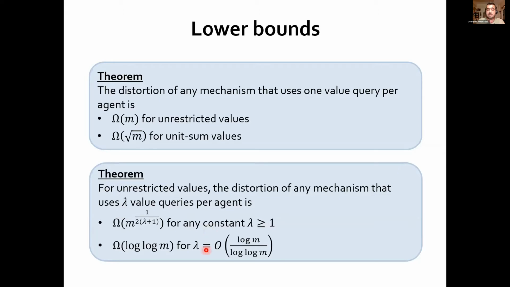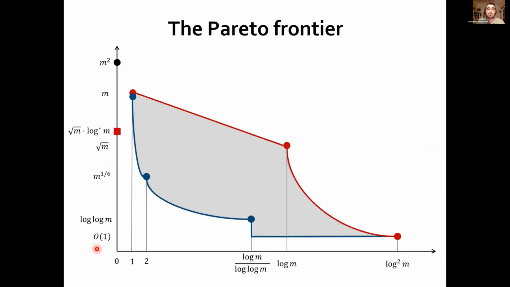But what is really nice here is that, as long as we are below a logarithmic number of queries, we cannot achieve constant distortion. So in order to have constant distortion, we really need log m or almost log m value queries. Okay, so the picture is something like that, with the upper and the lower bounds.